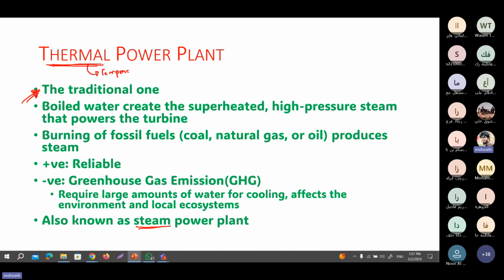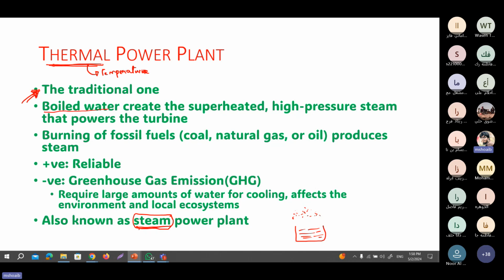So what is the use of the temperature? The use of the temperature is to generate steam. What is steam? Steam is what you get when you boil water. This is the gaseous form of water, the gas version of water. This is the steam.